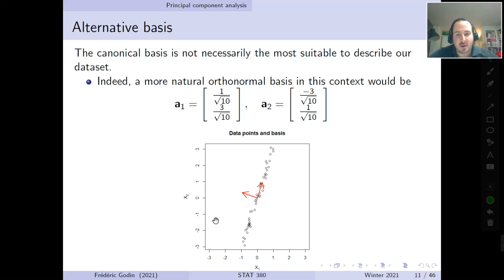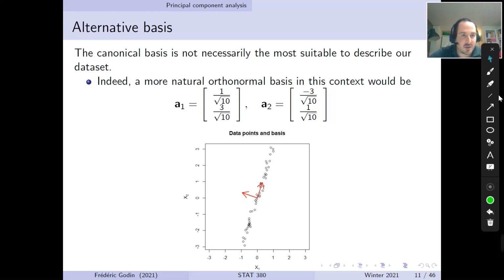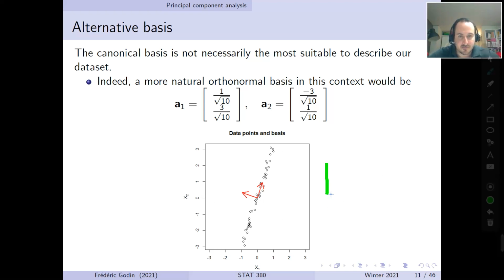So this shows that the canonical basis, the vertical and horizontal vectors, might not be the best choice to represent our current data. Maybe a set of axes like this might be better.